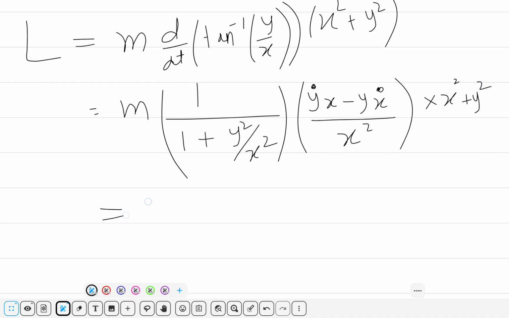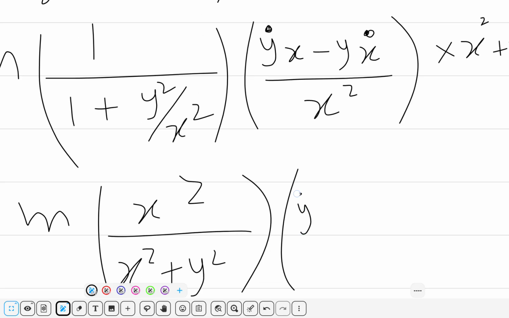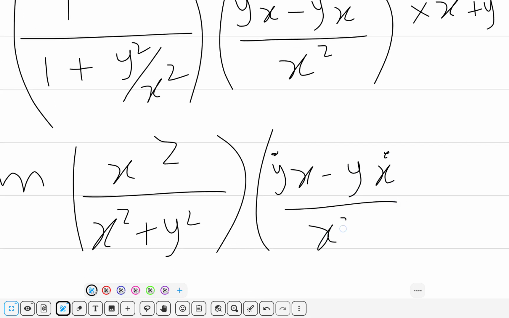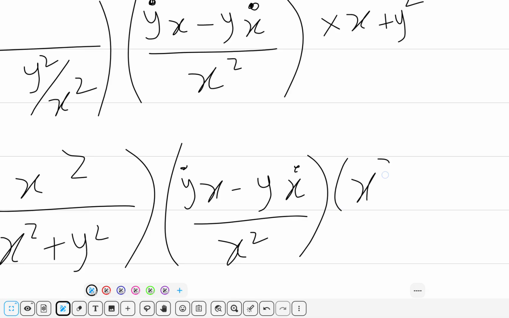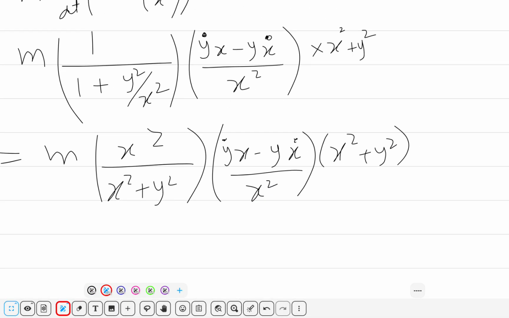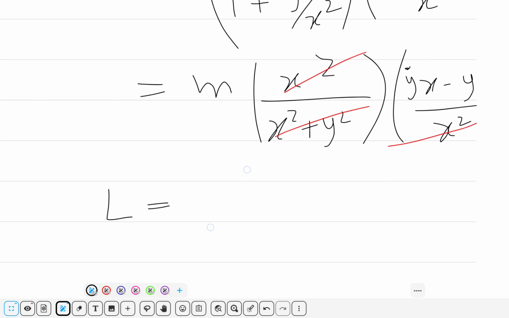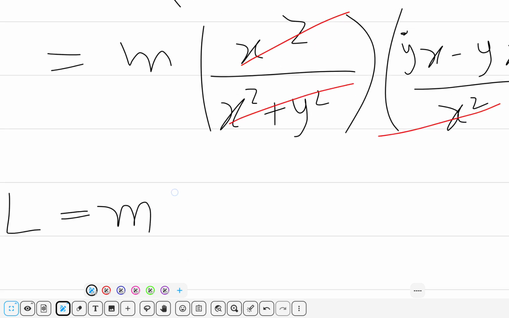And so this is how it looks. So in the other system, this is how angular momentum will be written.